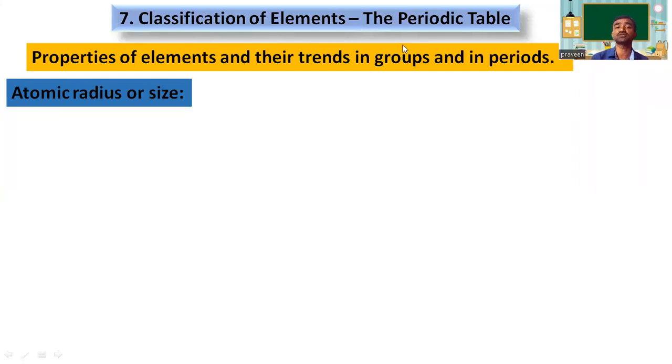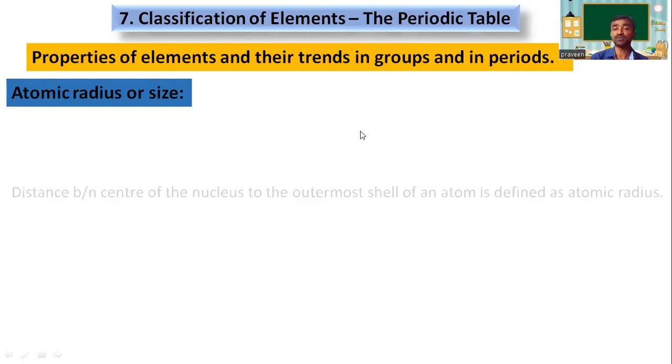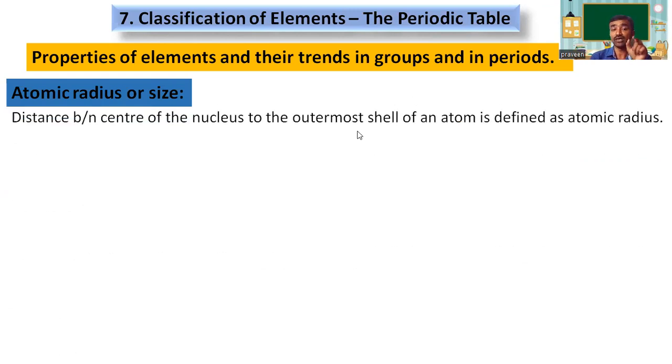For the size, we measure from the center, the nucleus, to the outermost shell. What is the last shell available? We measure the distance to that shell. That outermost shell distance from the nucleus is called atomic radius or atomic size.